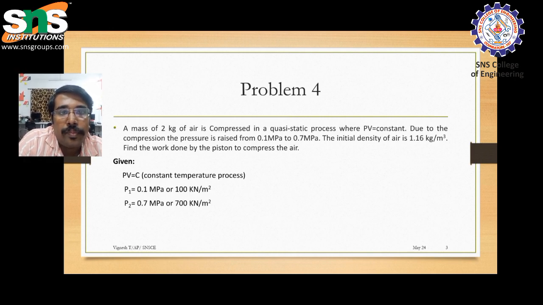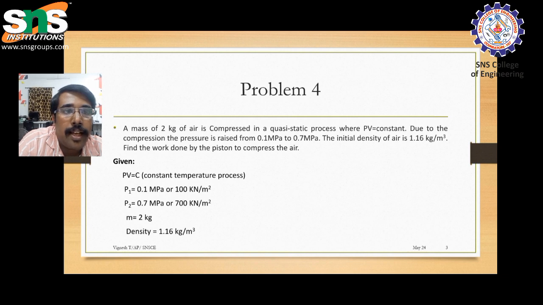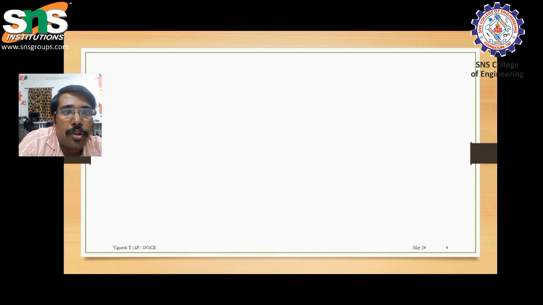Mega means 10 to the power of 6, so 0.1 megapascal is 100 kilonewton per meter square, and 0.7 megapascal is 700 kilonewton per meter square. Mass has been given as 2 kg. The density for the air is 1.16 kg per meter cube. We have to find out the work done.